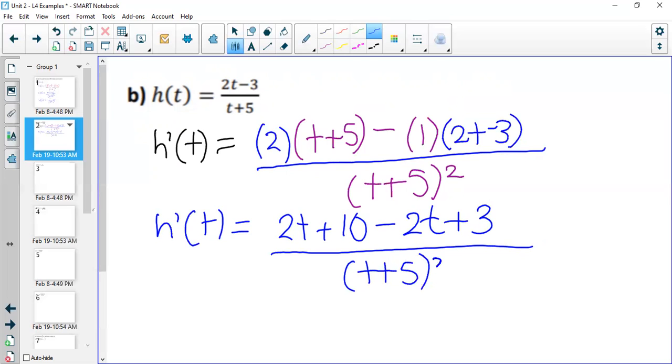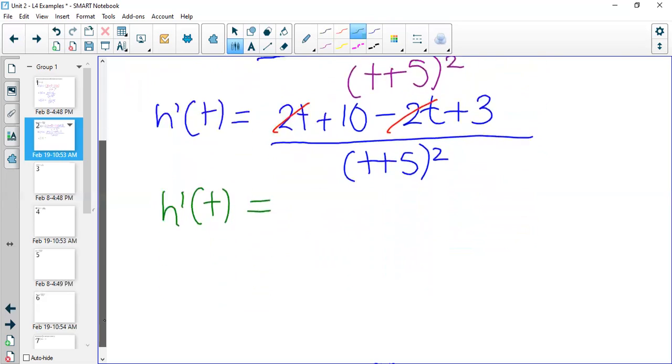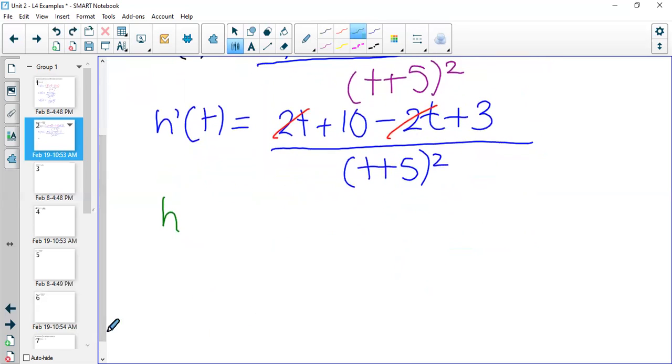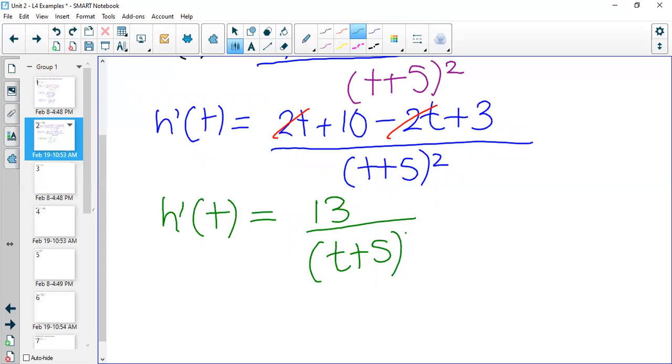Now, right away, I know that my numerator is going to have a constant number, because this 2t cancels with this 2t, and then I have positive 10 plus 3. So my final answer is going to have 13 in the numerator: h prime of t is going to be equal to 13 over t plus 5 squared.